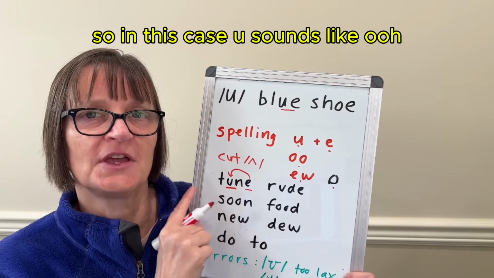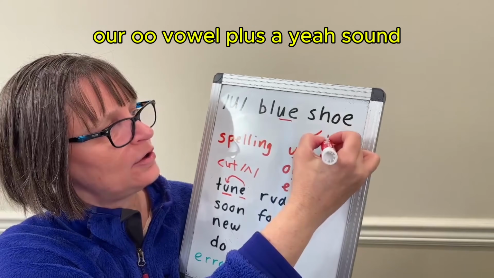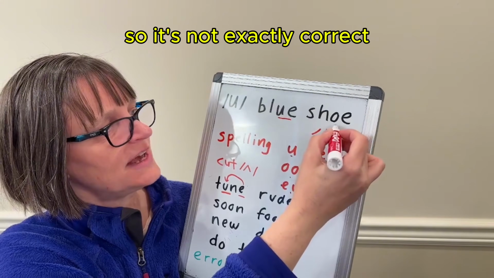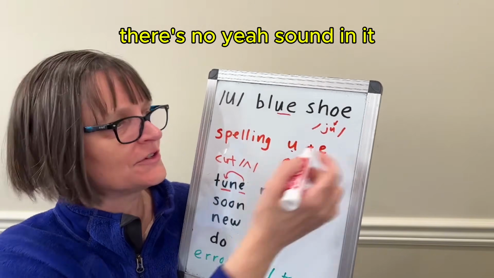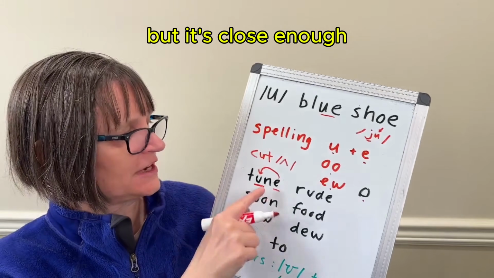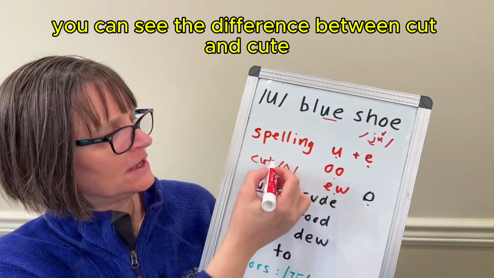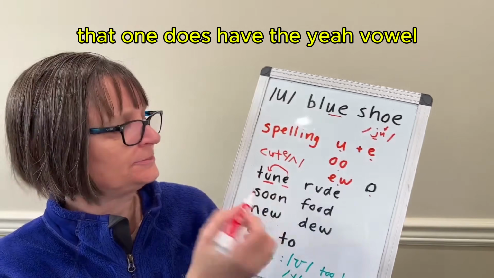So in this case, U sounds like oo, our oo vowel plus a y sound. So it's not exactly correct. I'm not saying tune in American English. There's no y sound in it. It's just oo, tune. But it's close enough. You can see the difference between cut and cute. That one does have the y vowel.